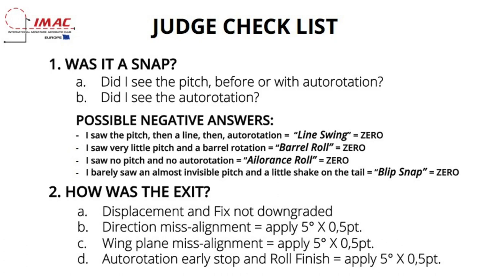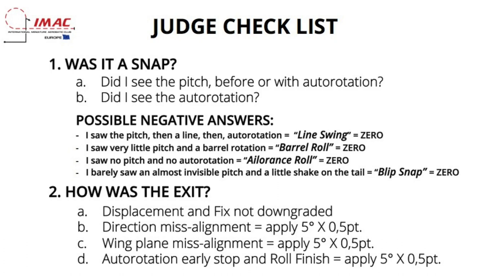First of all, if after displacement the fix was done properly, and so the airplane exits on a parallel flight path, parallel to the one that it departed from, then there is no downgrade. If not, you may notice a direction misalignment that can happen both on the rudder plane or the elevator plane. In this case, you need to deduct half a point for each 5 degrees of misalignment, as usual.